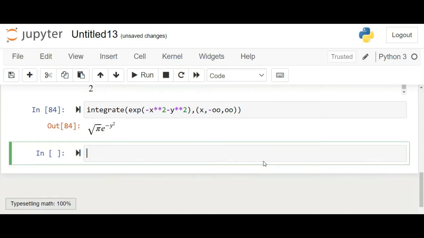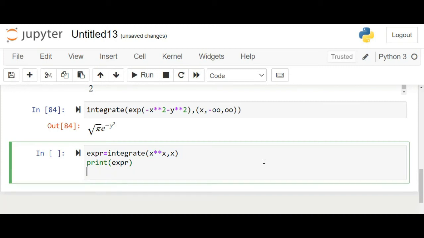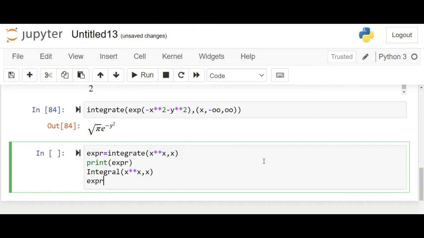Okay, now we change the function, just as we write the expression expr, which is equal to integrate of x, comma x, print expr, and then integral of x raised to the power x, comma x, expr.